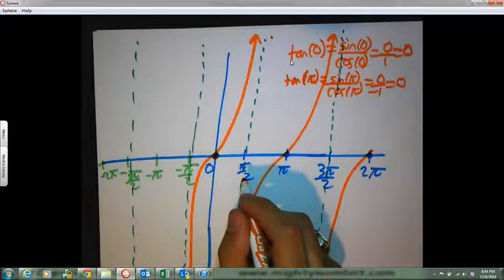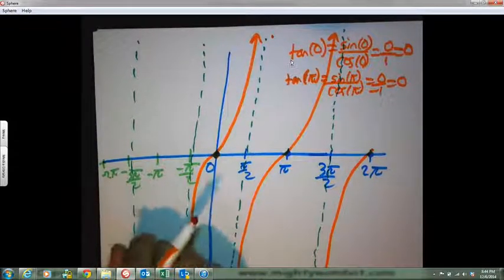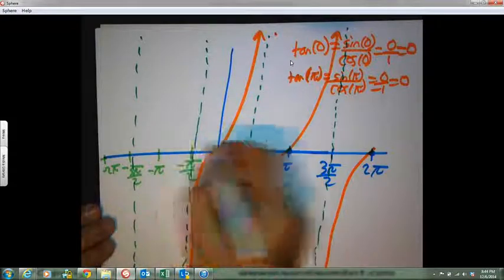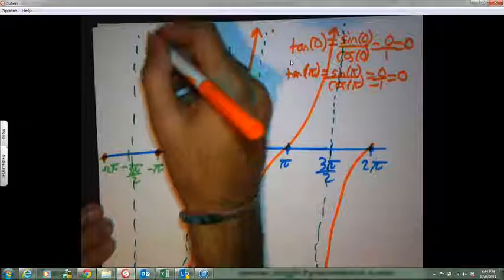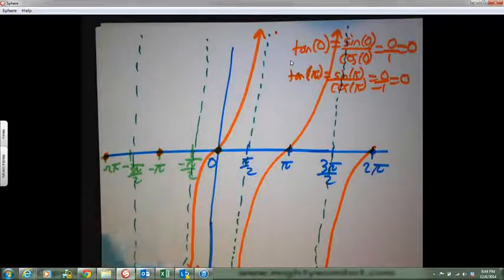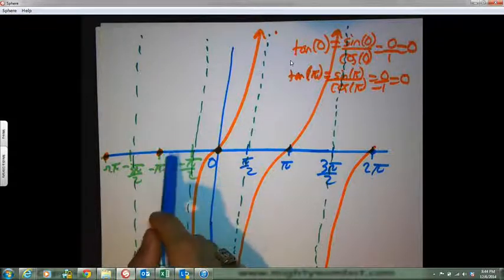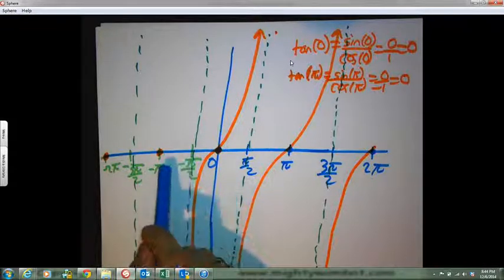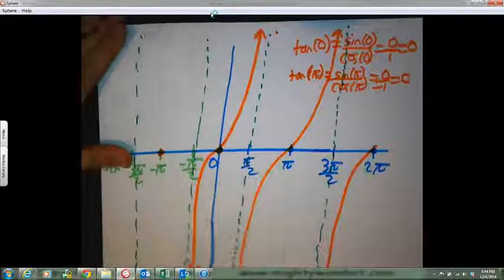What is the tangent of some angle in here? So what's an angle between negative pi over 2 and negative pi? I don't know. What's the tangent of negative 3 pi over 4? Let me do this on a separate sheet of paper. So negative 3 pi over 4 is right in here. What is the tangent of negative 3 pi over 4? That's equal to sine negative 3 pi over 4 over cosine negative 3 pi over 4.